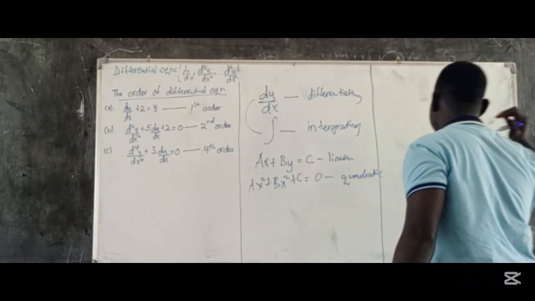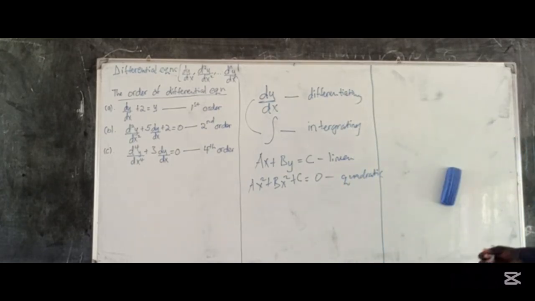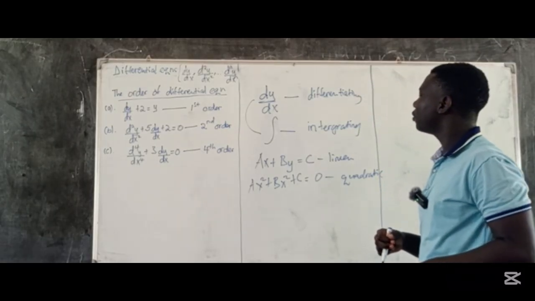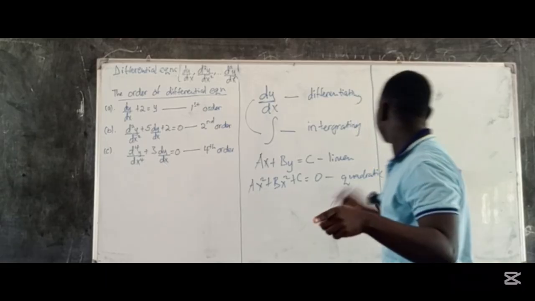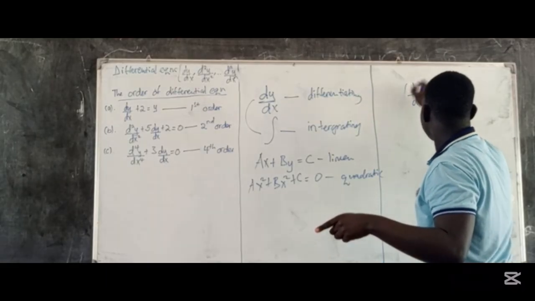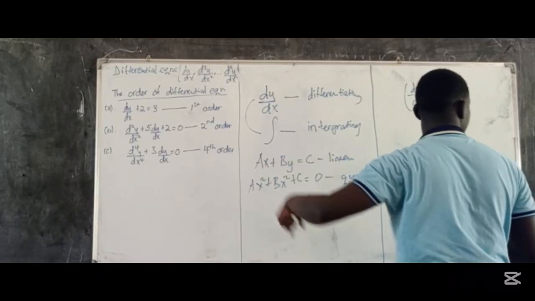And you may be asking, yes, differential equations, we are seeing the dy/dx, but how do we make sense of the whole thing? Well, the first thing you need to understand: dy/dx is to power 1, and that's first order.